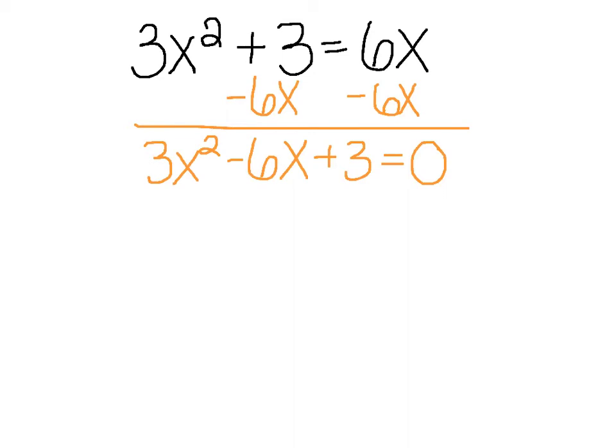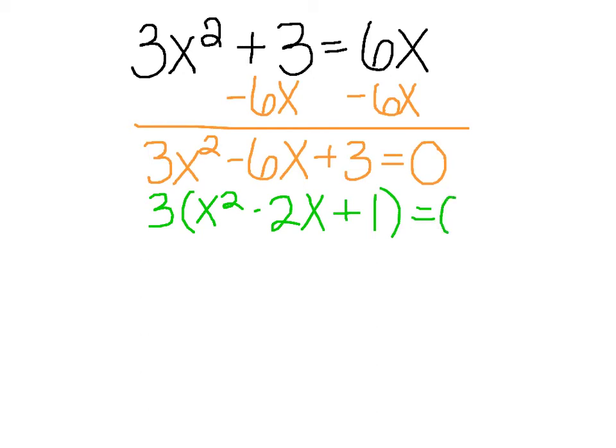And what's the first thing we always do when we factor? Hopefully you're saying to yourself, find the GCF, because that would be correct. So the GCF of this is 3, and I'm left with x squared minus, 6 divided by 3 is minus 2x plus 1 equals 0.